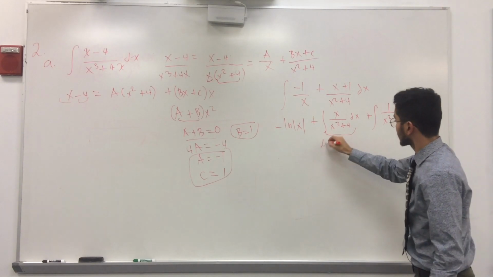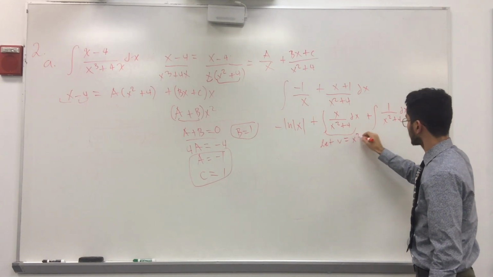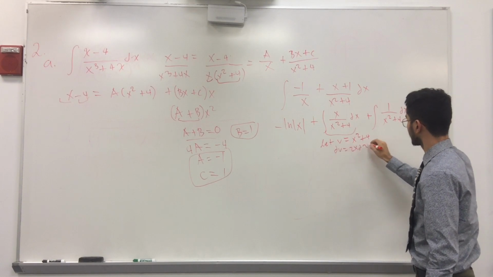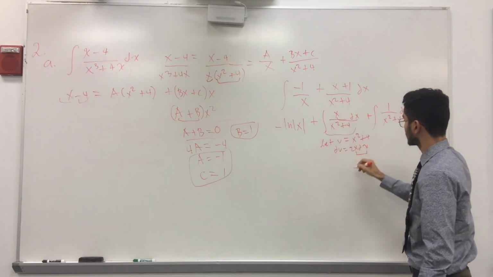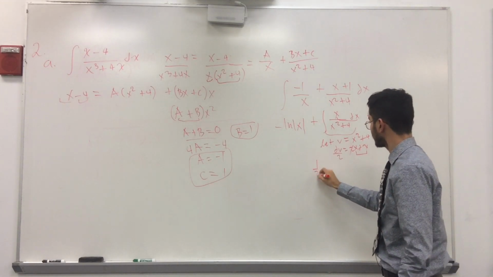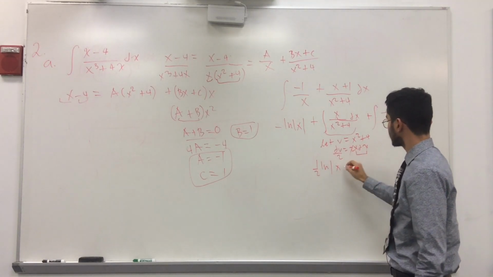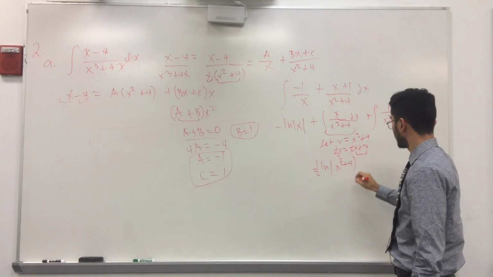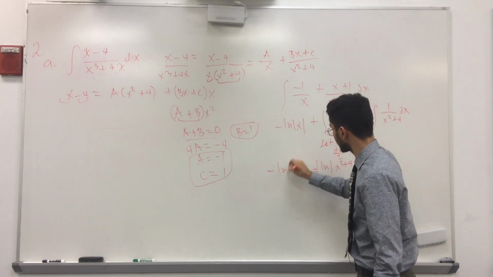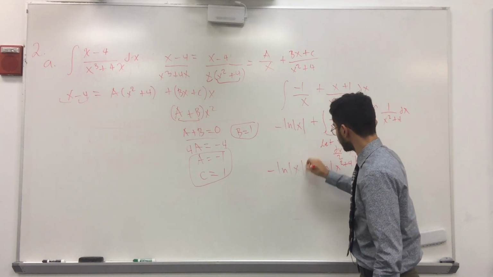We're going to let u equal x squared plus 4 such that du is 2x dx. We have an x dx on top, so we just divide du by 2, which means that this is nothing but 1/2 ln absolute value of x squared plus 4. So this is our second value, so we have negative ln of x plus this.